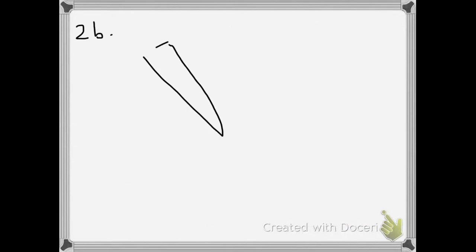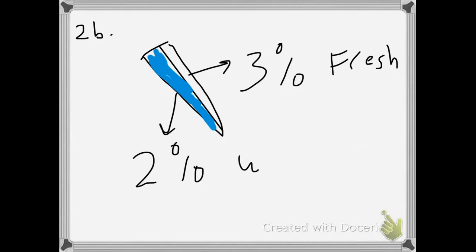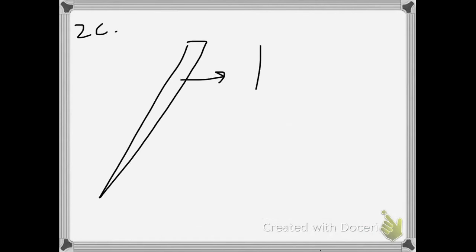Question number 2B. So we're going to take this 3% fresh water, and we're going to talk about it for a second. If I shade in 2% of that, where is that 2% located of the 3% fresh water? That's trapped in glaciers, so like Antarctica and the Arctic. And now with 2C, we have the 1% remaining.